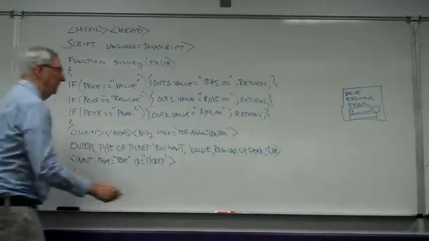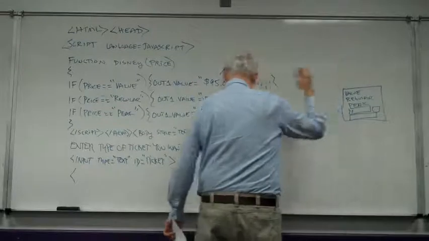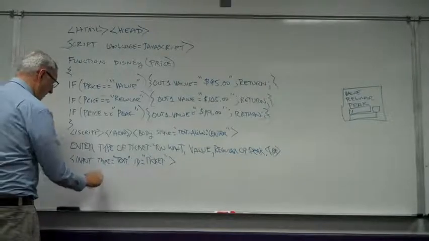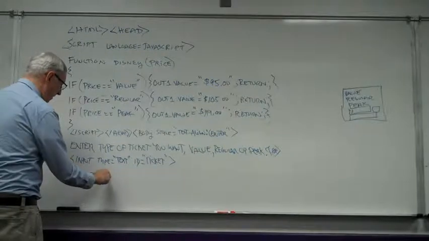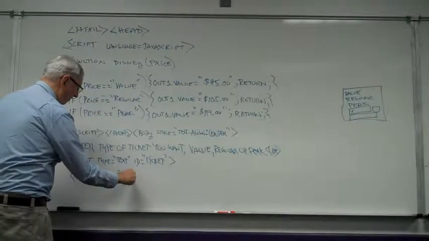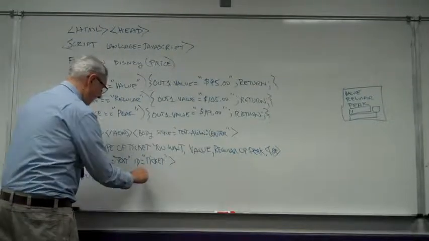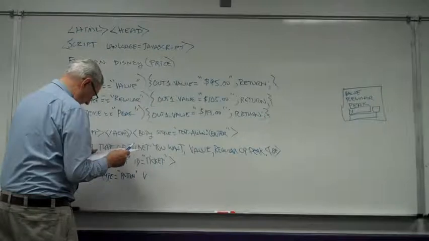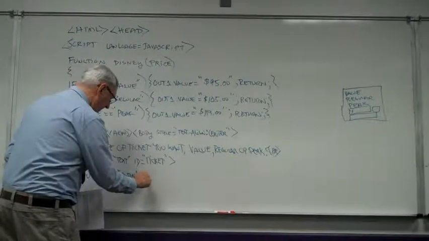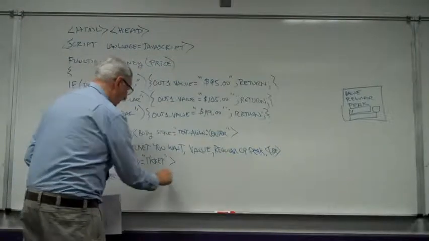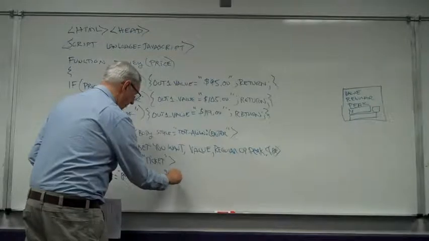Now what you have to do is make the button. The button is going to send it off to this program up here. So you say you've got an input, type equals button, and value, I'll just put the word press on it.